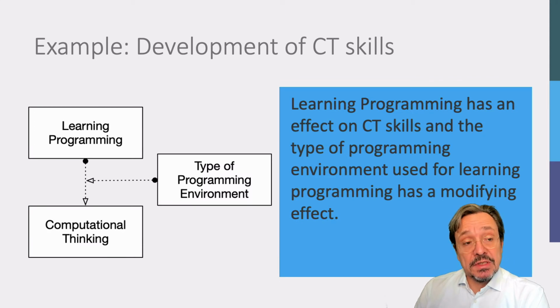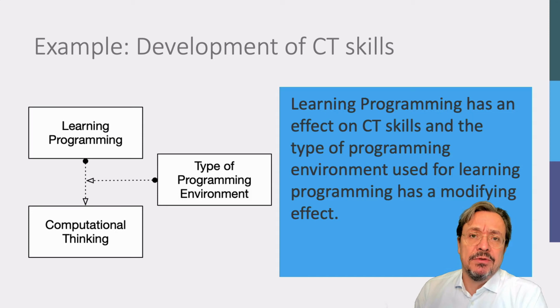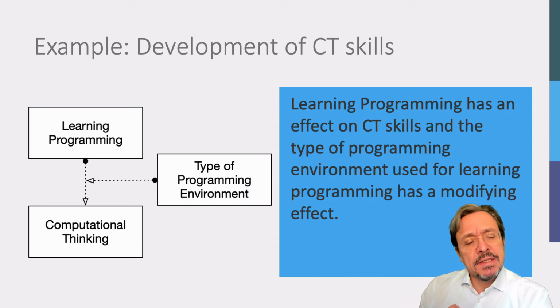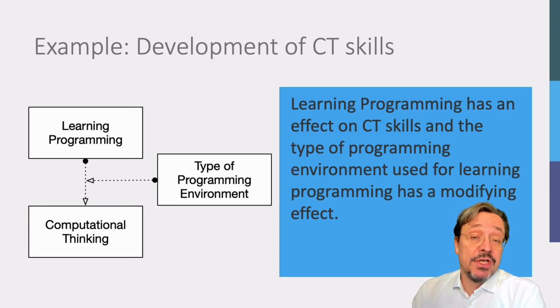Let me give you a simple example. This is a study where we wanted to understand how people learn to program, how they learn a programming language, and what is the influence of the programming environment. You can learn with a text-based programming language, or you can learn a visual programming language. So what is the impact on computational thinking? In the simple diagram, first of all, there's an arrow from learning programming to computational thinking.